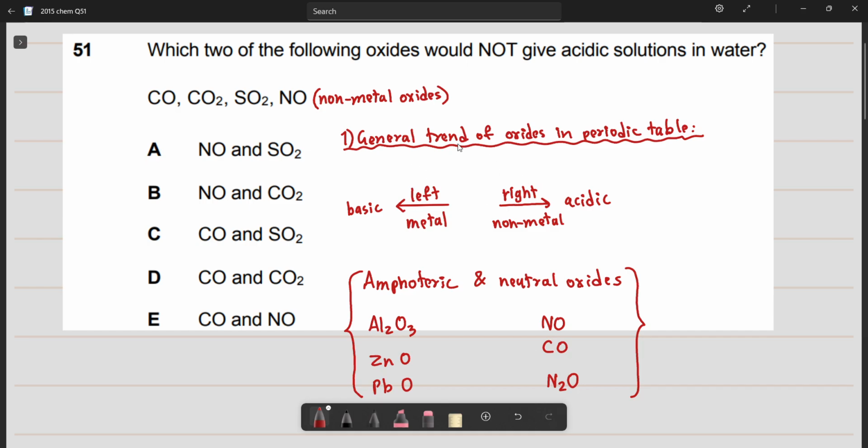And this is the general trend. You must know that moving towards the right side, the non-metal oxides are basically acidic, and moving to the left side, which is more metal, they form basic oxides. So if these basic oxides, the metal oxides, react with water, they form basic solution, and non-metal oxides that react with water form acidic solution.